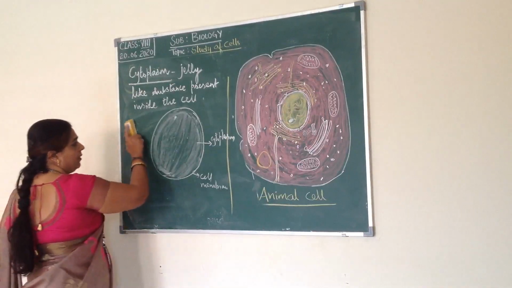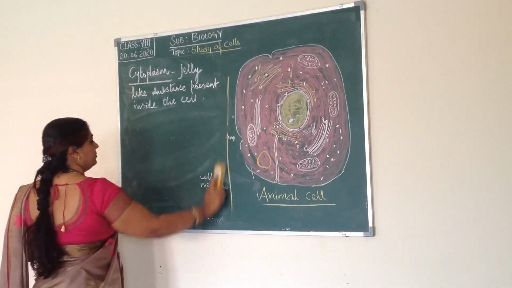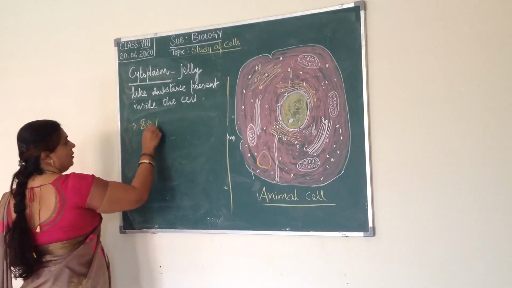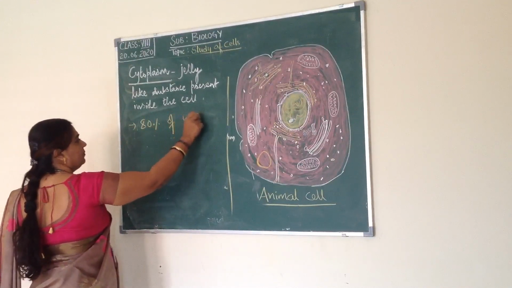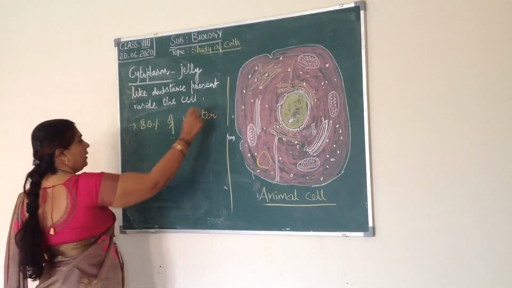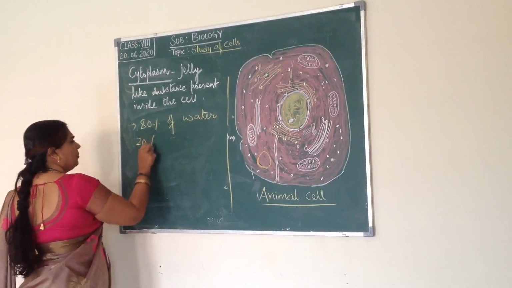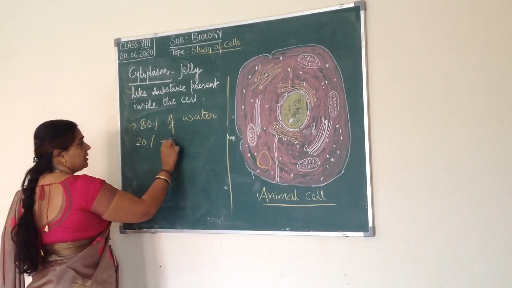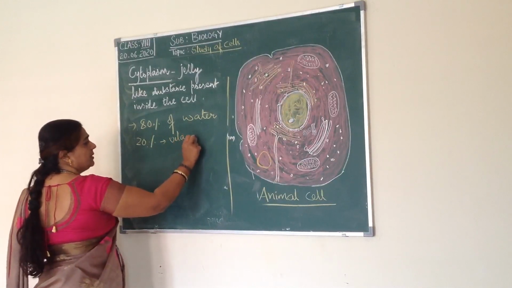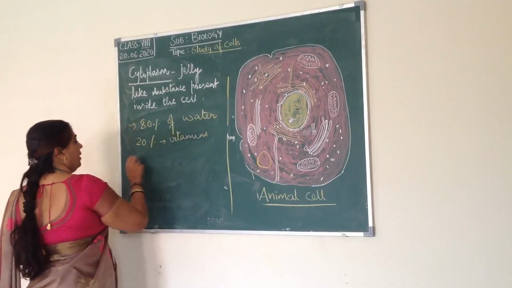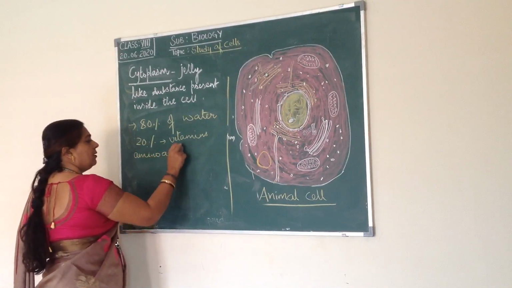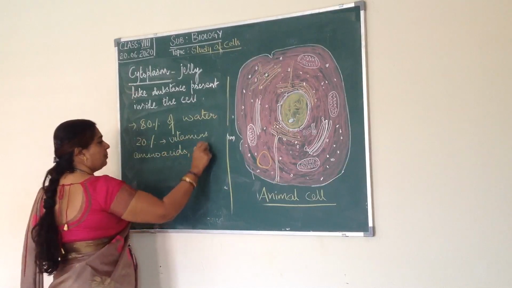Cytoplasm is made up of 80% water, and the remaining 20% is made up of several things. It may contain several nutrients, vitamins, amino acids, or oil droplets.